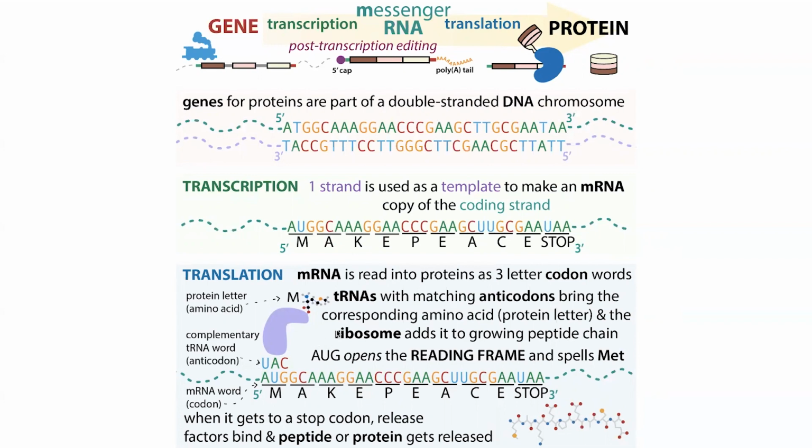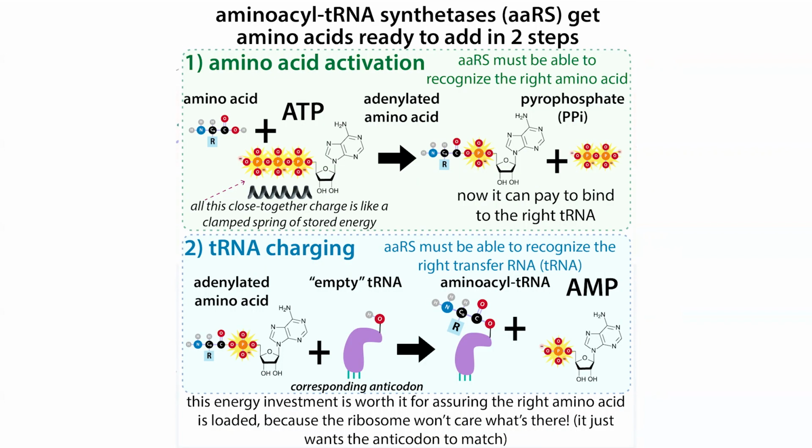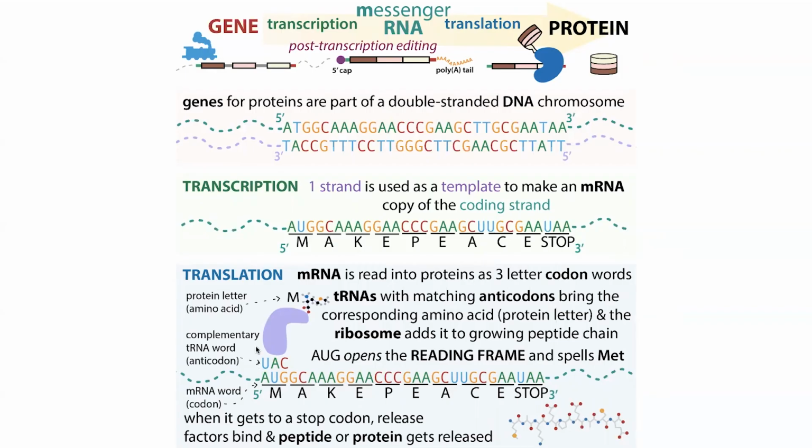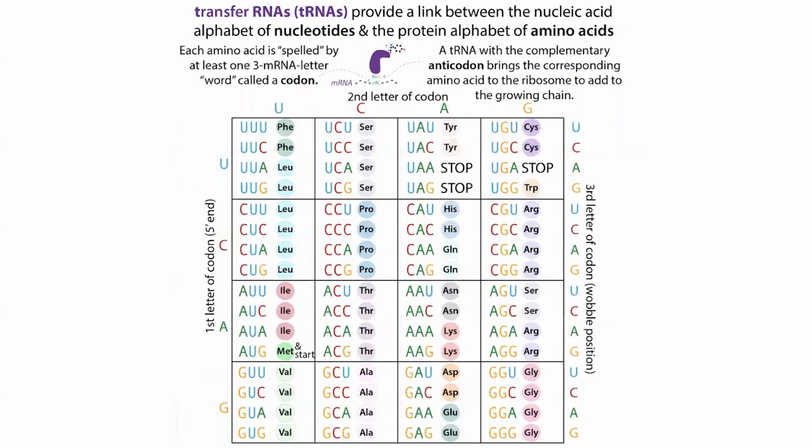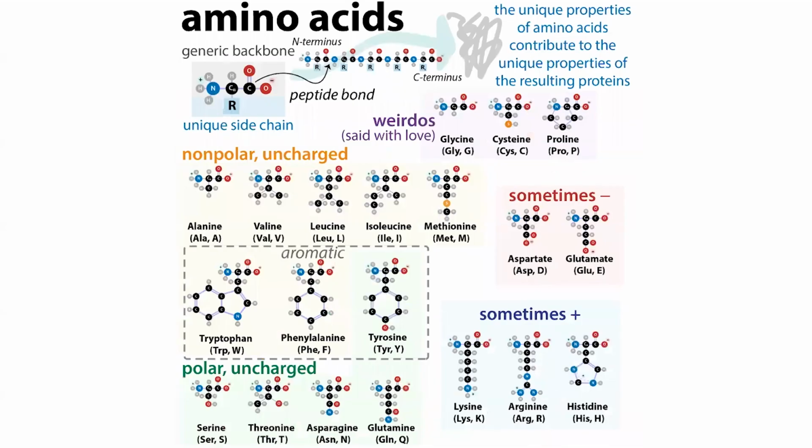And so we're actually going to see how we spend money to charge the tRNA, because ribosomes, as much as I love them, and I really, really love them, they're not that smart. They're only going to be able to tell if the codon and anticodon are complementary. They're not going to be able to tell whether the right amino acid was actually attached to that tRNA. But assuming that all goes okay, the ribosome is then going to be able to add these amino acids in the correct order.